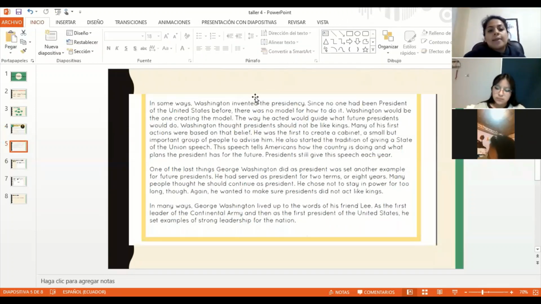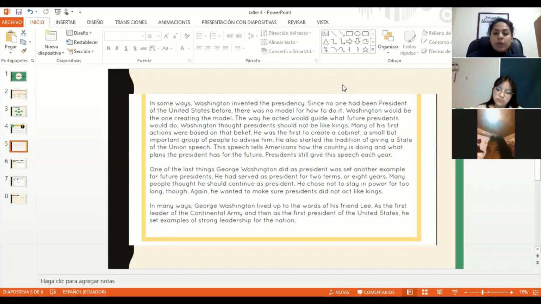It says, in some ways, Washington invented the presidency. Since no one had been president of the United States before, there was no model for how to do it. Washington would be the one creating the model. The way he acted would guide what future presidents would do. Washington thought presidents should not be like kings.